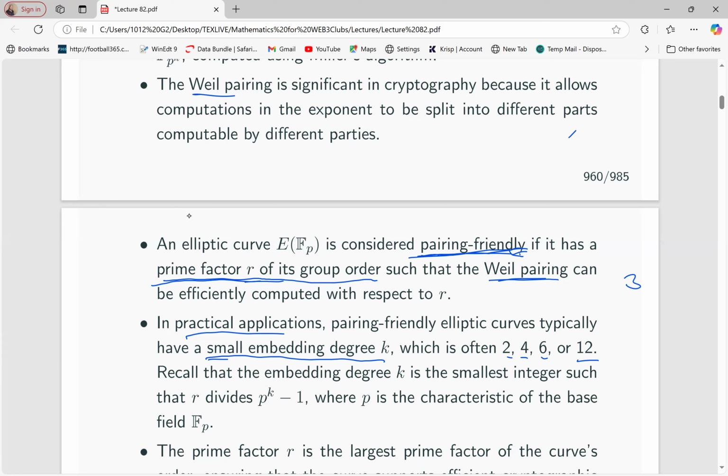Not all even numbers, but in most cases it's 2, 4, 6, and 12. So any elliptic curve that has one of these embedding degrees would be considered a pairing-friendly elliptic curve.